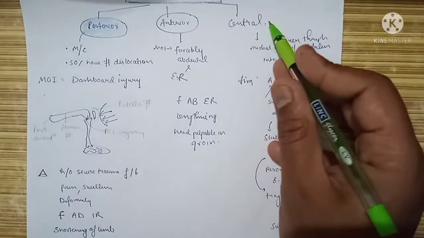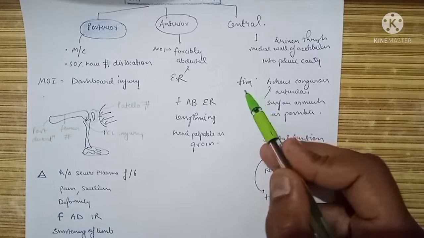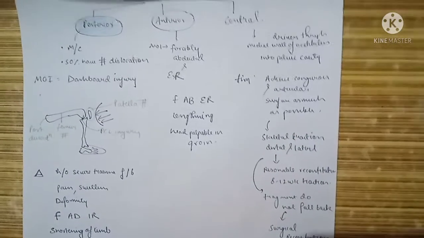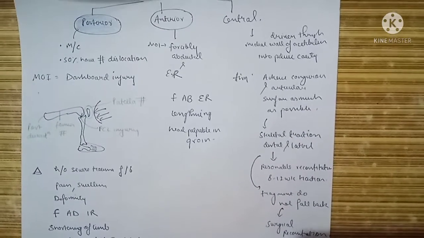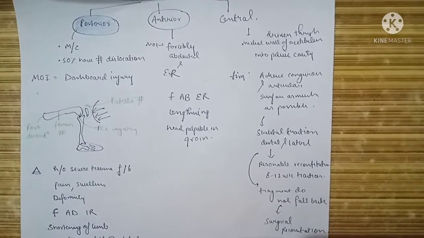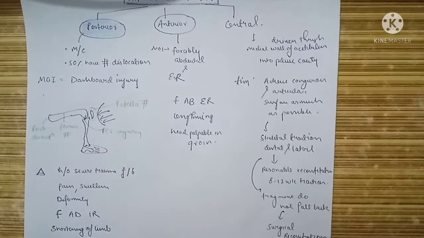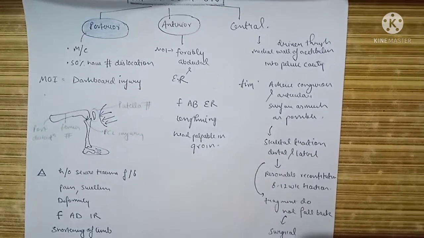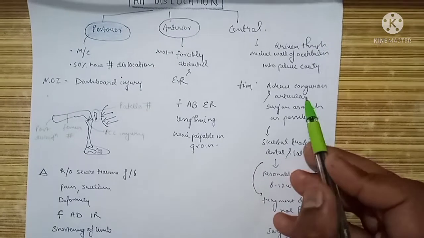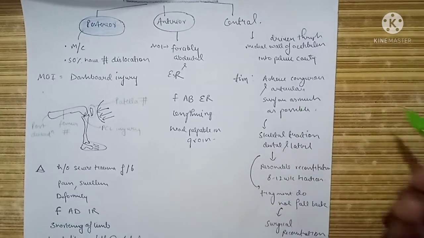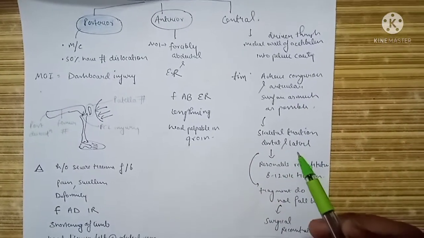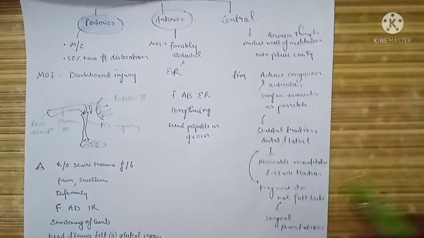Now, the aim in central hip dislocation is to achieve congruence of the articular surface as much as possible, to make the range of motion or the joint as close to the previous state as possible. So for that, to achieve congruence of the articular surface, skeletal traction is applied distally and laterally to the leg.